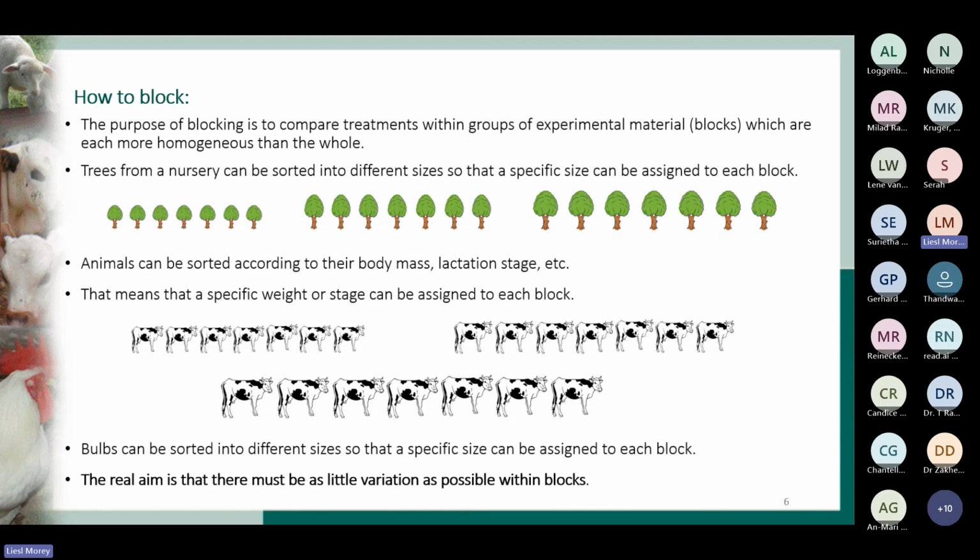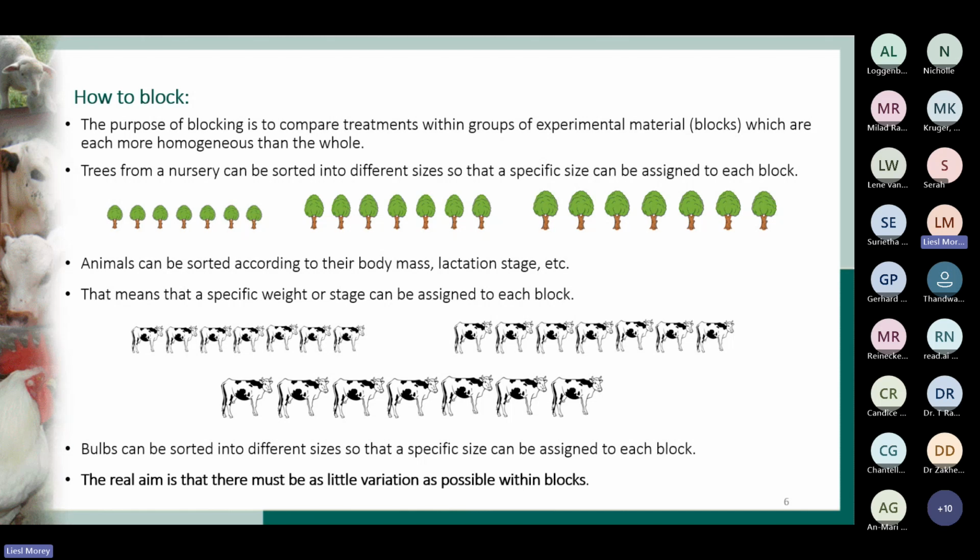So what we usually recommend is that you arrange your trees from the largest to the smallest tree, or the other way around. And then you will subdivide your trees into the number that you need for a block. So the smallest number of the small trees.